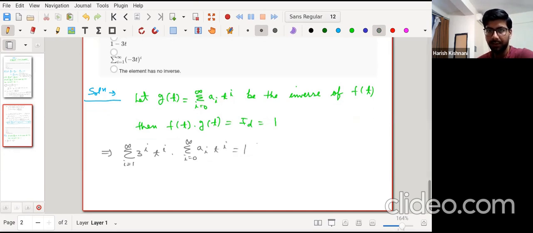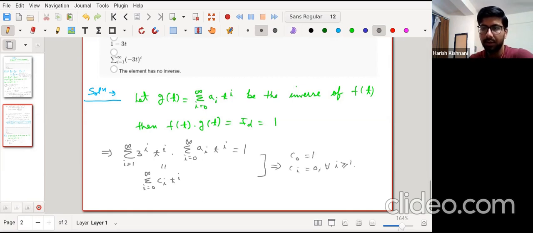Same thing we can say: if this is equal to the summation of i equal to 0 to infinity of c_i t^i, then that will imply c naught is 1 and c_i is equal to 0 for all i greater than or equal to 1.